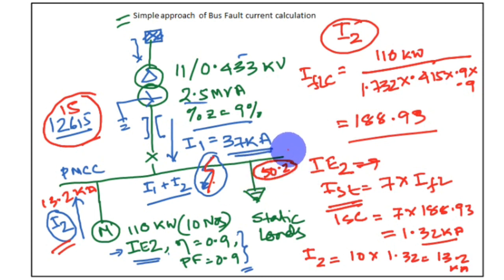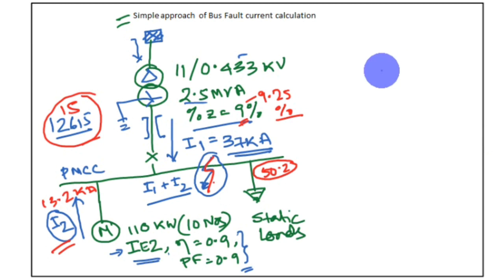In this case it is just marginally exceeding 50 kiloampere. So you can select the 50 kiloampere bus, or you can slightly increase the percentage impedance of the transformer, say to 9.25%, so that this fault level becomes below 50 kiloampere.